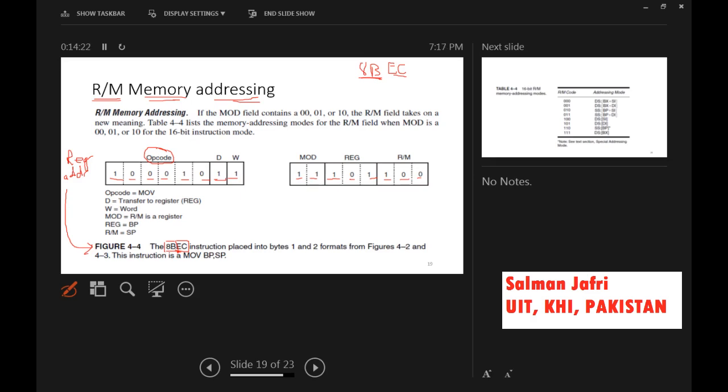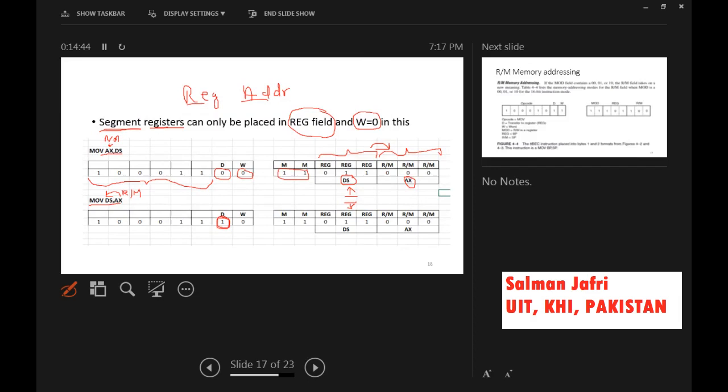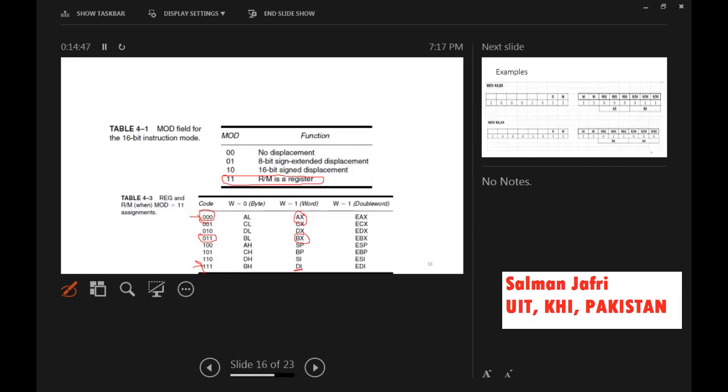Now it is the other way around. We are now trying to convert object code or binary code into the assembly language code. So now this is register addressing mode, and REG contains 101. And what is 101? 101 is basically BP or base pointer.